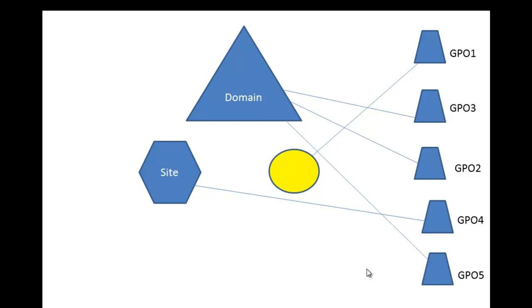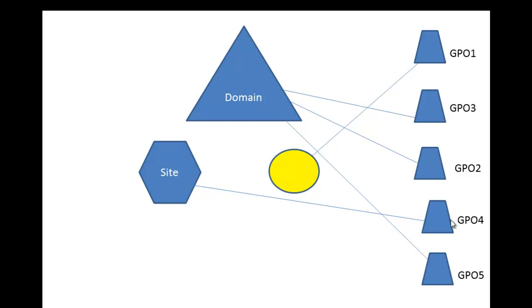Here we have a domain, a site, and an OU. And we have some policies on the right-hand side. Let's take a look and see an example of the order in which these policies are processed.